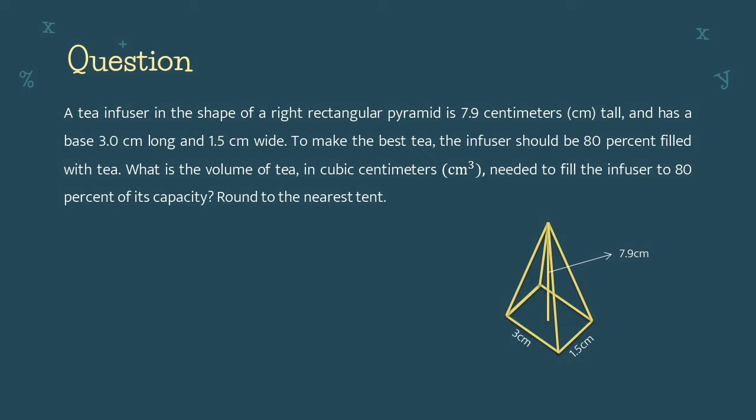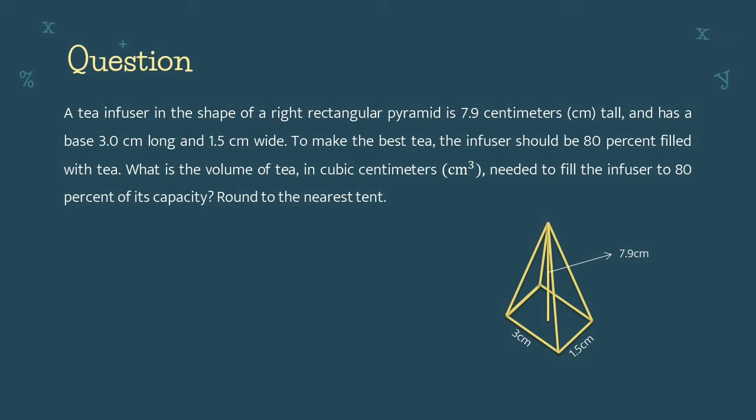So what we can do is first find the volume of this right rectangular pyramid, and then they say that it should be 80% filled with tea. So we need to figure out what 80% of its volume is, and that's going to tell us the volume of tea needed to fill the infuser to 80% of its capacity.